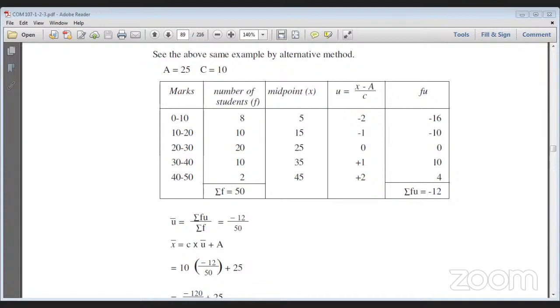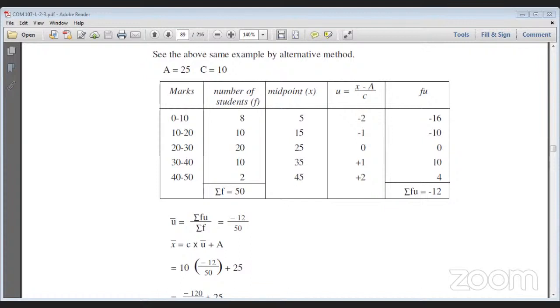Now here for the first commodity, the range will be: highest is 26 and lowest is 16. So H minus L, 26 minus 16, will be 10. For commodity B, 35 minus 30. Now the coefficient of range will be 26 minus 16 upon 26 plus 16, which is 42. 10 upon 42 will be 0.2381.